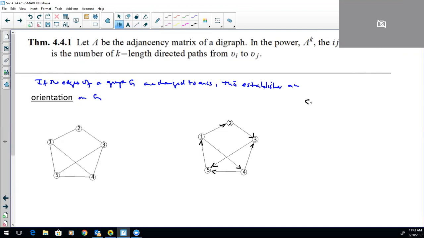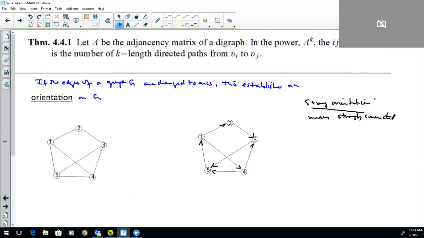Now, a strong orientation is one where we make a strongly connected graph out of it. Okay.